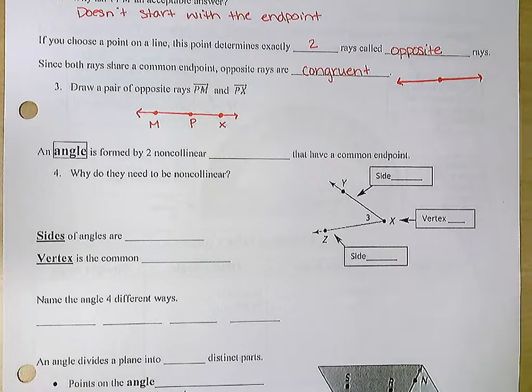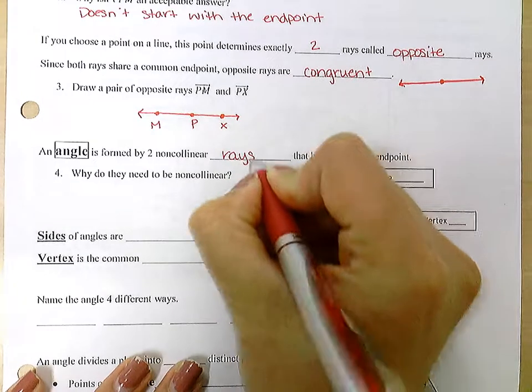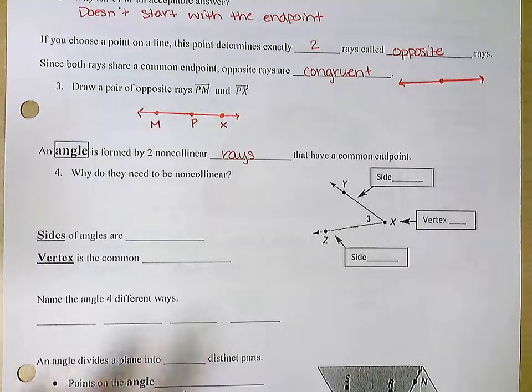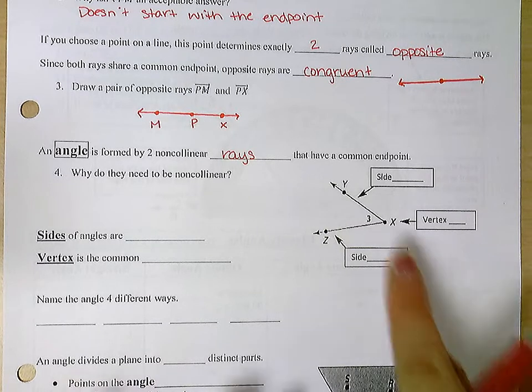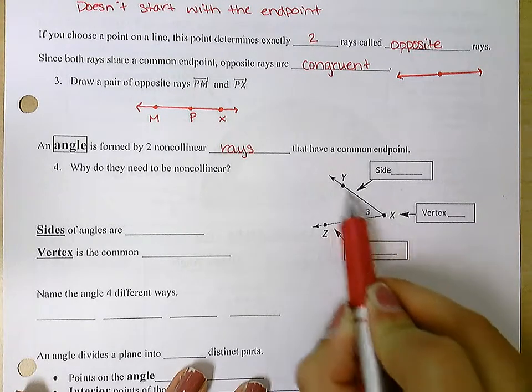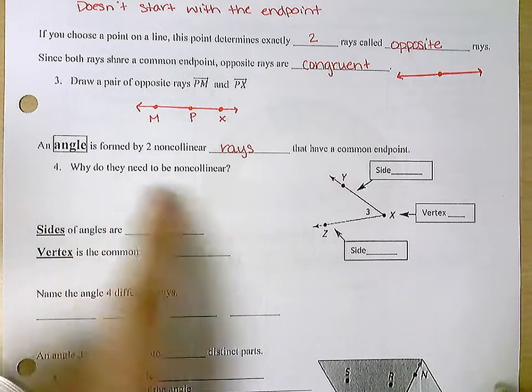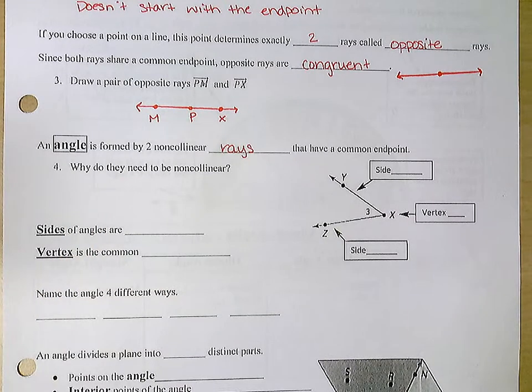All right, then an angle is formed by two non-collinear rays. That's why we're talking about rays first. Our angles are formed by rays that have a common endpoint. So here's your angle here. You can see my two different non-collinear rays. Again, non-collinear meaning they're not in the same line. Why do they need to be non-collinear?